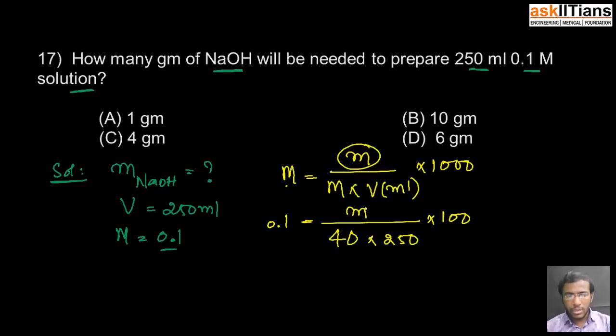Everything we know, only mass is unknown. So mass is 10 into 0.1, that is 1 gram.